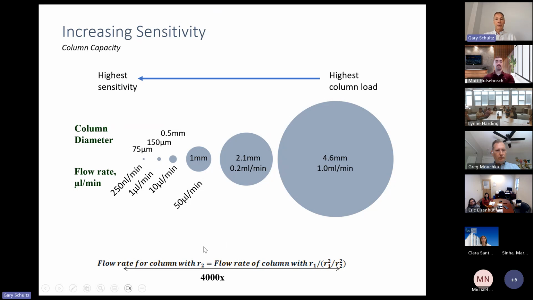By going from 4.6 millimeter down to, say, a 75 micron ID column, there's a dramatic reduction in flow rate, but with that come efficiencies, both in separation efficiency and also ionization efficiency.